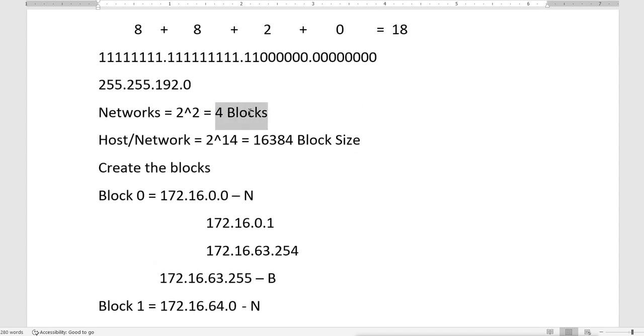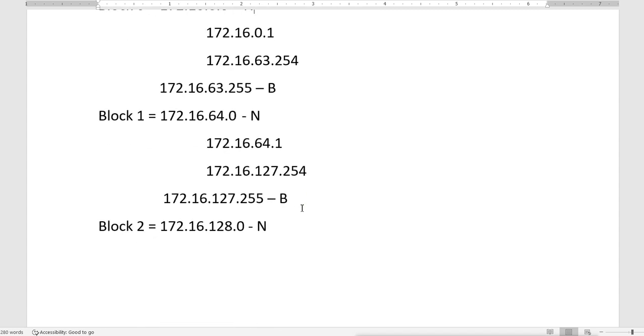We have 4 blocks, so it will go up to 4 blocks. So what will be the next IP? The last broadcast IP for this block: now you have to add again 64 here. So when you add 64 to 128, it becomes 192, and because we started from 0, it will be 191.255. And what will be the usable IP here?